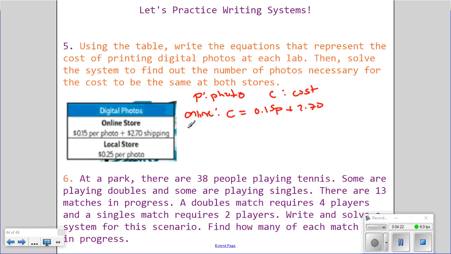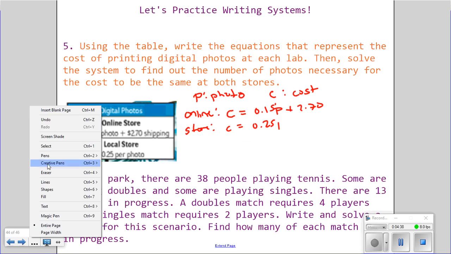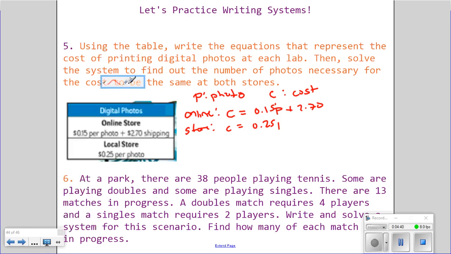At the store, the cost is equal to 25 cents per photo. So these are our two equations for this system.